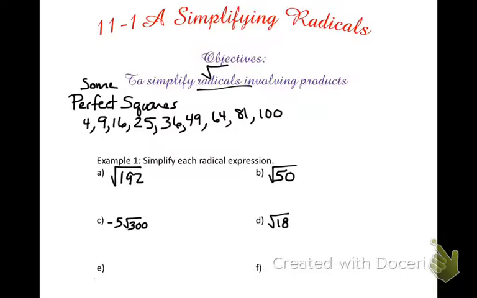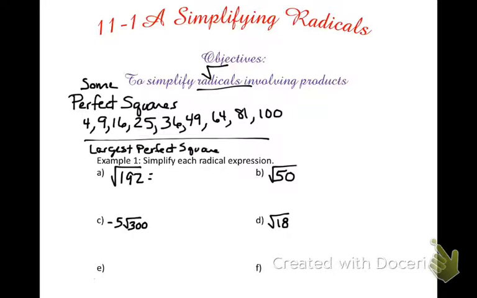I have the square root of 192. So I need to find the largest perfect square number that can go into 192. Big chance it will be in between the 4 and the 100.